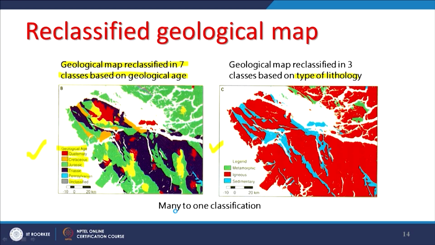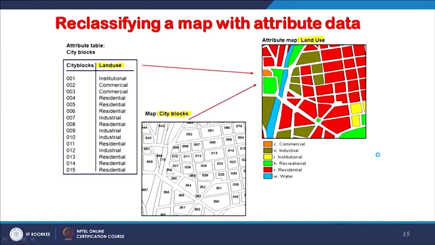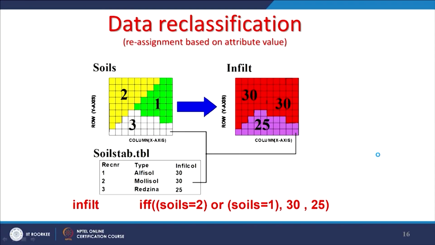A lot of polygons which were present in the center part or the southeast part have been merged just as a red color, and that is igneous rocks. So, all kinds of possibilities are there and we can perform those analyses as per our requirement or as per user defined specifications.